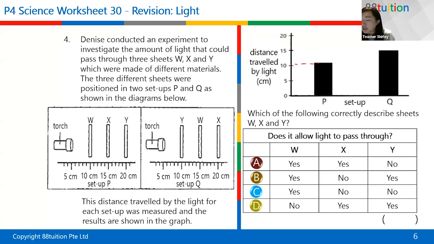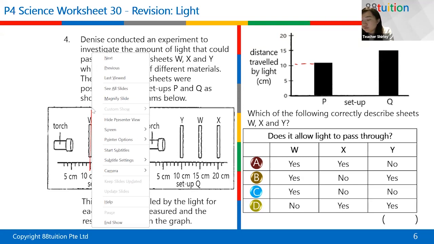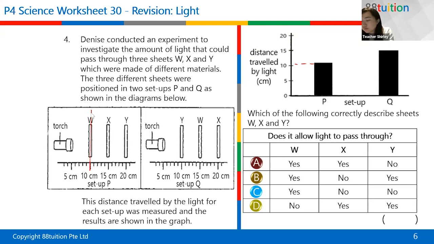That means the light only traveled until W. So it only traveled under W, which tells us that W does not allow light to pass through, because the light was only able to travel under 10 centimeters.